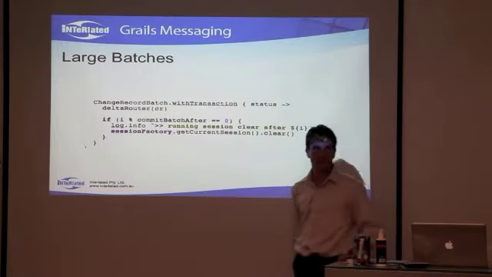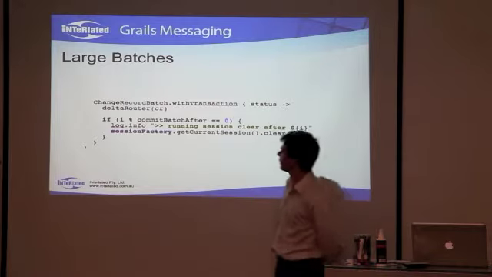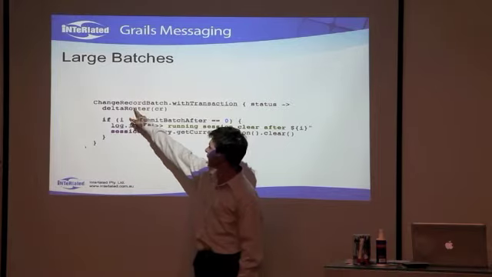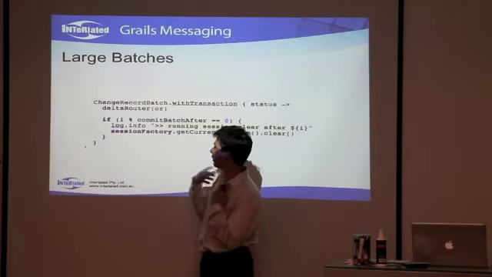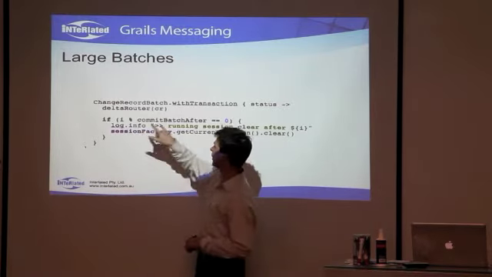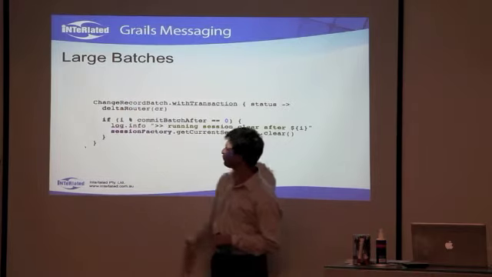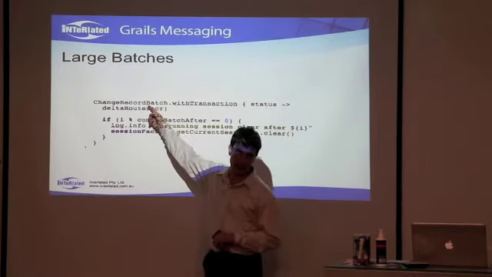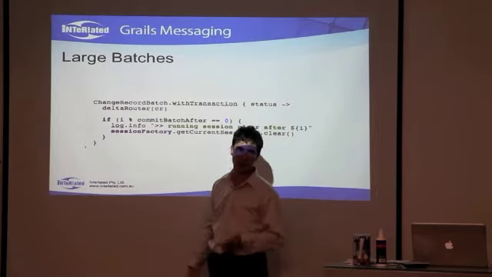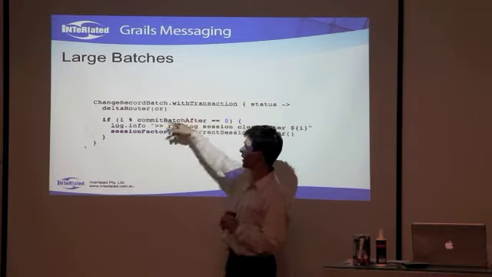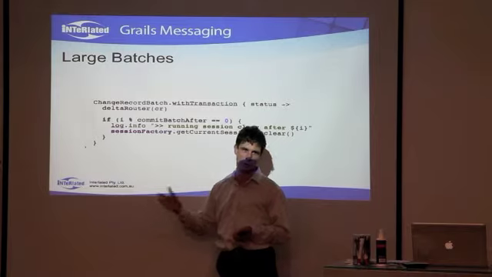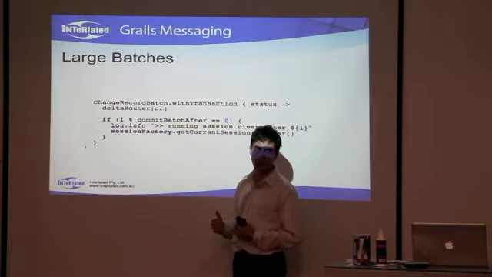I haven't come across that change record batch before. That's me. Change record batch with transaction. This thing here is the name of the Grails domain object that we actually defined in our Spring application, put in Hibernate, and you can actually use any class there. It doesn't care really. If you define in Grails a class called gym, then you can go gym with transaction. It doesn't matter, right? All it does is provide a handle, because all those objects have got the transaction stuff in them.